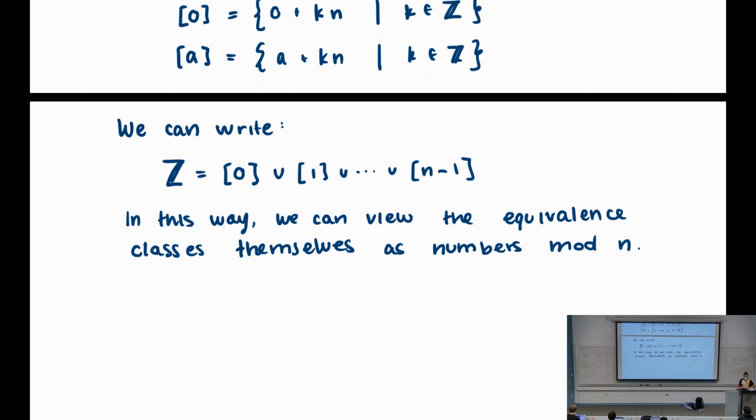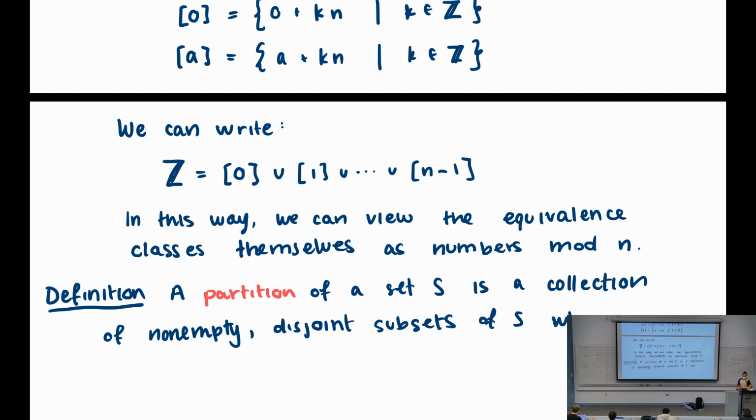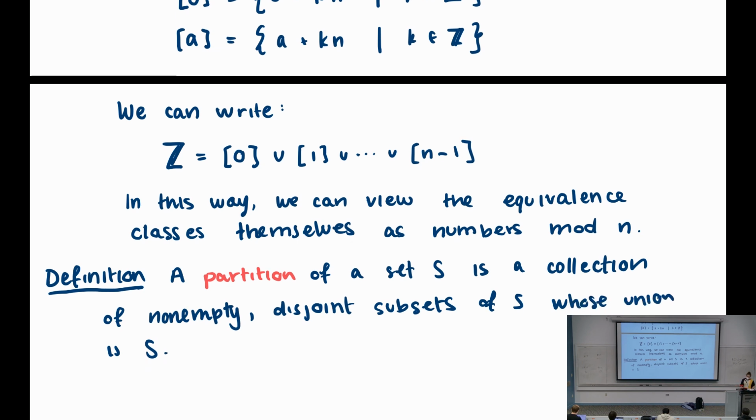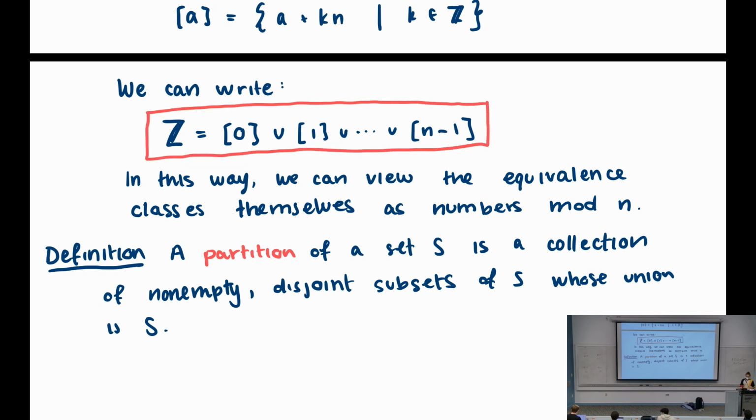Okay, so this leads us to the idea of a partition. A partition of a set S is a collection of non-empty, disjoint subsets of S whose union is all of S. So in the previous example, we had this partition of the integers into equivalence classes of individual numbers.